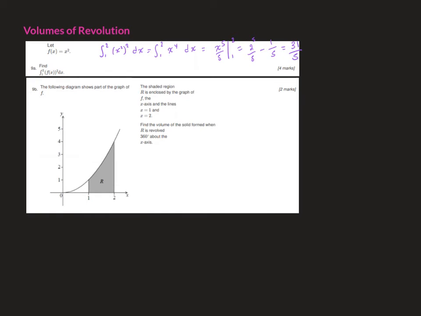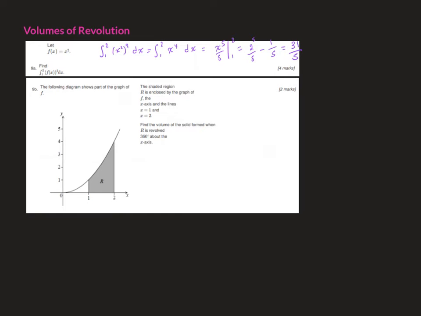Now for the second part, they ask, the following diagram shows part of the graph of f. This is part of the graph of x squared. The shaded region R is enclosed by the graph of x squared, the x-axis, and the lines x equals 1 and x equals 2. Find the volume of the solid formed when R is revolved 360 degrees about the x-axis. So we are rotating this in this direction.